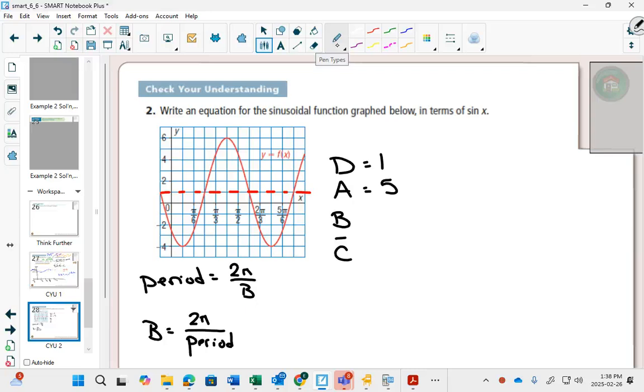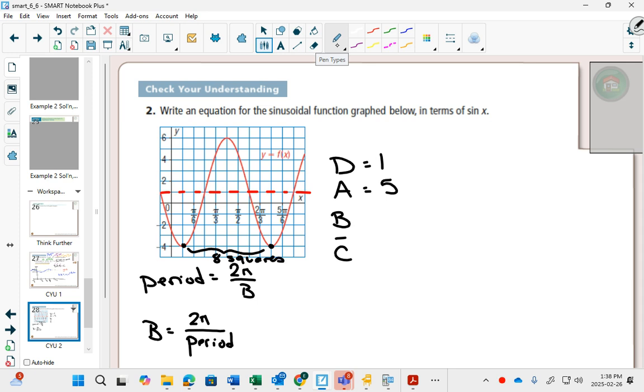Now, how do we count the period on this one? The period is how long it takes for it to repeat itself. I sometimes like to go minimum to minimum or maximum to maximum. And if I do that, 1, 2, 3, 4, 5, 6, 7, 8 squares I'm going to write.